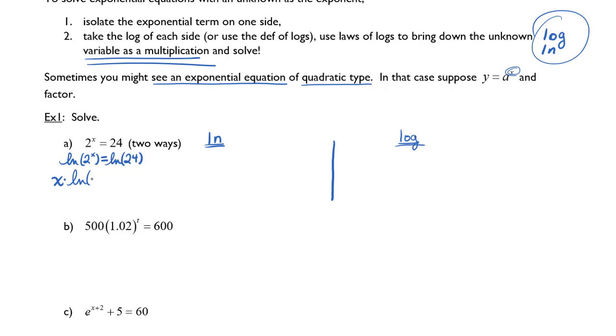Then I just have x times natural log of 2 equals natural log of 24. And this can be solved for x simply by isolating the x, by dividing both sides by the natural log of 2. And I get x is equal to the natural log of 24 divided by the natural log of 2.